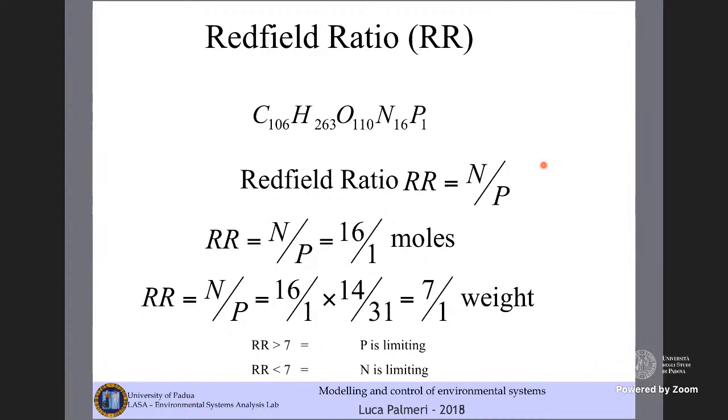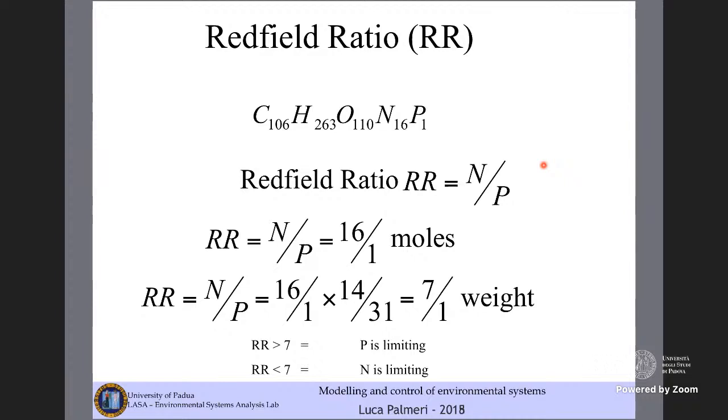As a rule of thumb that we generally apply, in freshwater ecosystems like lakes or rivers, the limiting nutrient is phosphorus, while in saltwater ecosystems like coastal zones or seas, the limiting nutrient is nitrogen.